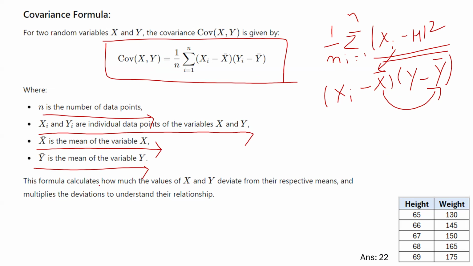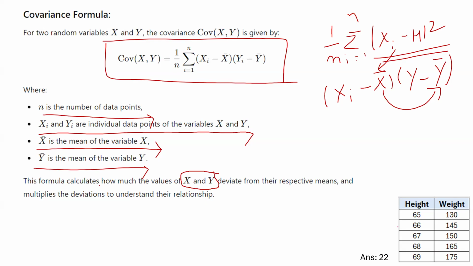This formula calculates how much the values of x and y deviate from their respective means and multiplies the deviations to understand the relationship. Basically, we calculate the covariance to understand the relation between x and y. Now, I have this example here.